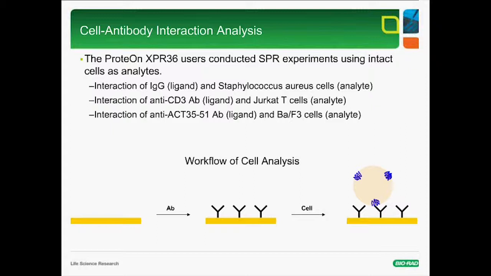And the workflow is first you immobilize the antibody on the surface, and then you inject cells as analytes to measure the interaction between the antibody and the cell. So in this case, you can measure the interaction between your reagent and the native membrane proteins on the cell membranes.